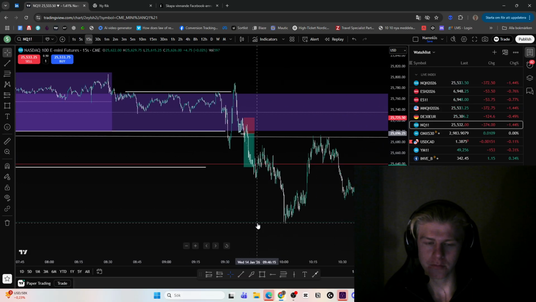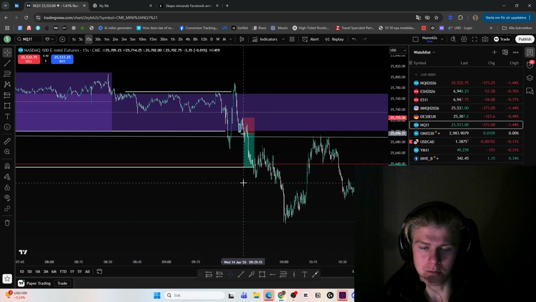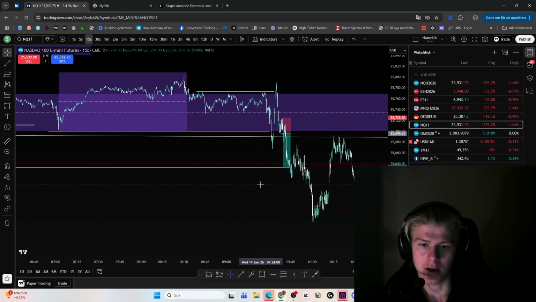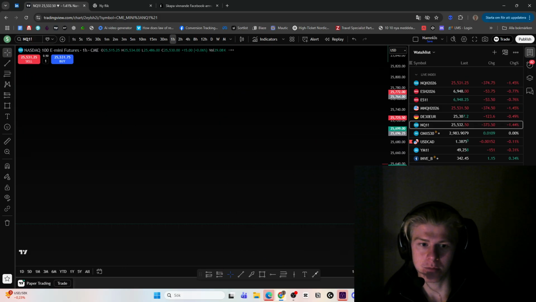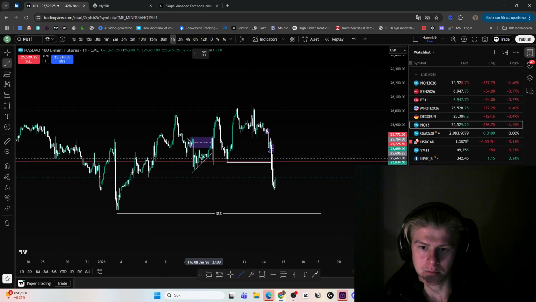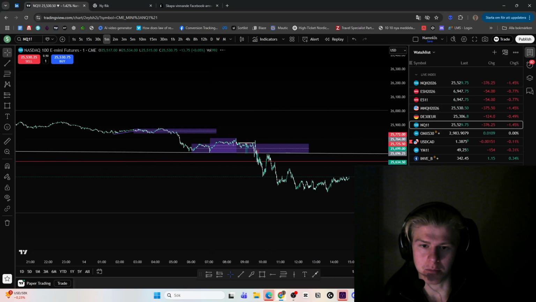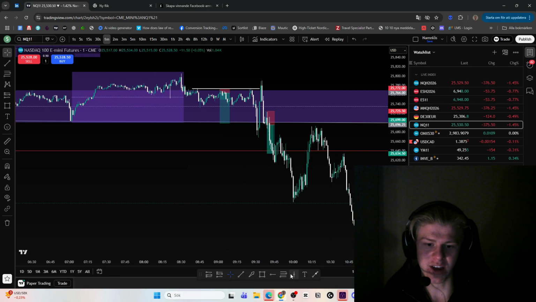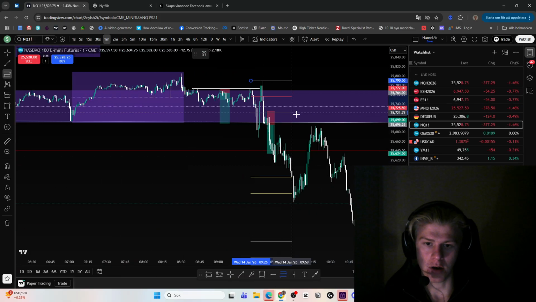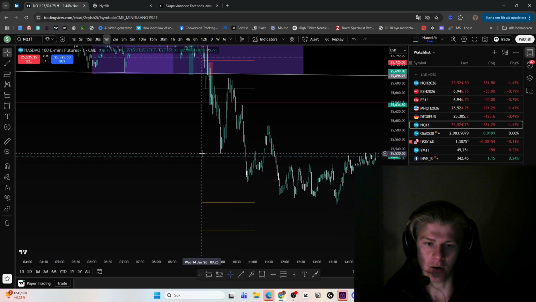Now, I took one partial below this low, and then I took another below this low, and then I took my last in standard deviation of the bank block, which is right at the low of the day, right there.